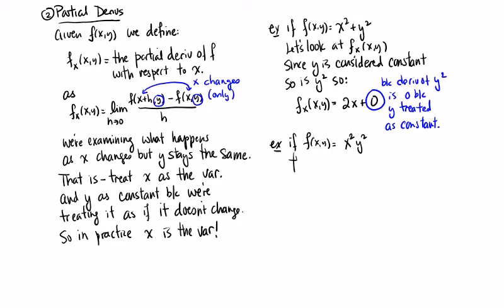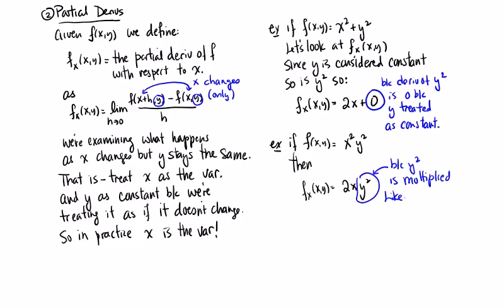So again, in this case, the derivative of x squared is 2x, the y squared stays, and this is because y squared is a multiple, is a product. If that's a bit confusing, this is kind of like when you do the following.